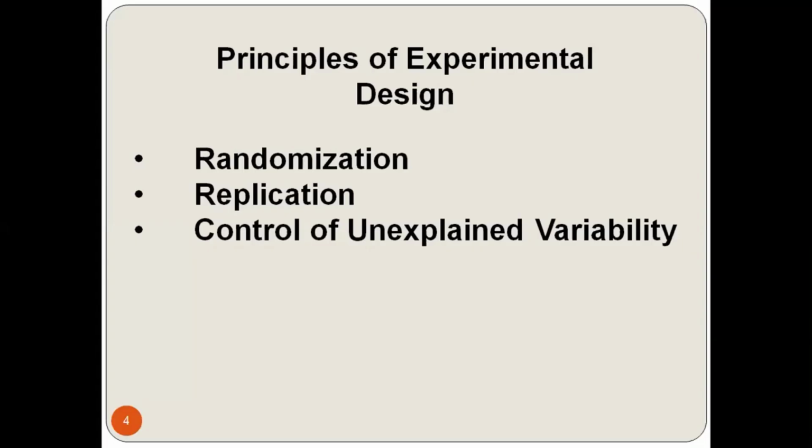So the units which have been treated similarly, if you find the variability in those units, that is basically called error variance. Then at last we talk about control of experimental error or control of unexplained variable. How we can control any experiments before we do the experiments.